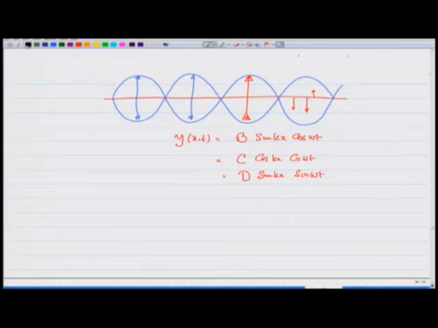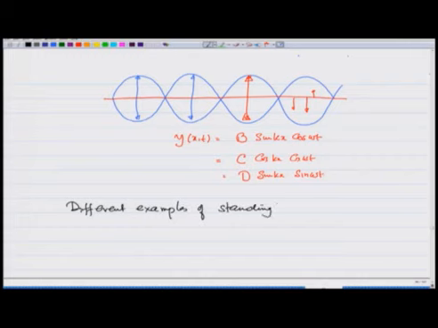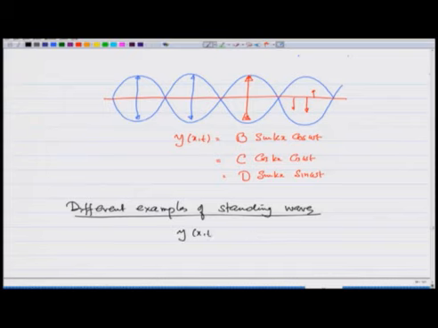Now, what we will consider are different examples of standing waves. In all this, unless required by certain displacements, I am going to assume that my displacement y x t is going to be of the form a sine of k x cosine of omega t.